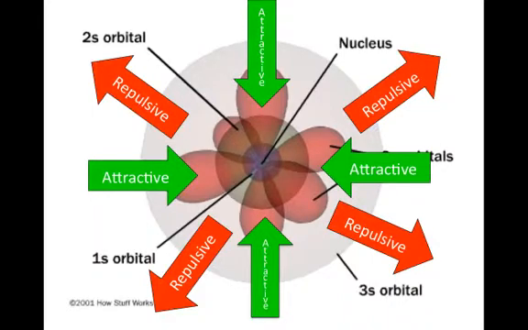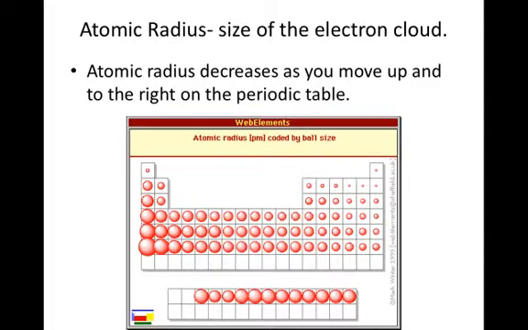Protons are positive, electrons are negative, opposites attract, and so the protons in the nucleus hold on to those electrons around the nucleus, and so the repulsive force and the attractive force counteract each other, and you get electrons held around the nucleus. Now, when you think that there is a repulsive force from the electrons and an attractive force from the protons, atomic radius makes very, very easy sense.